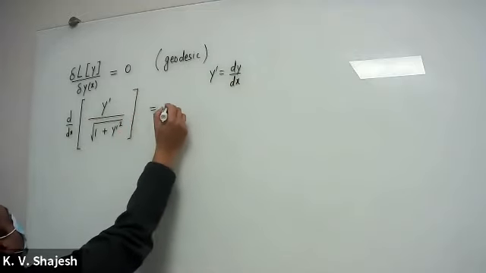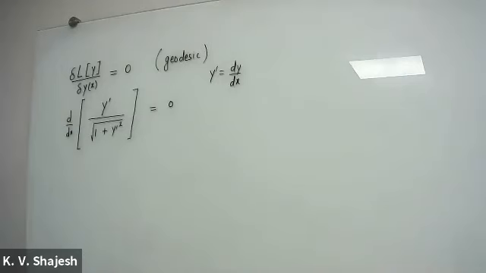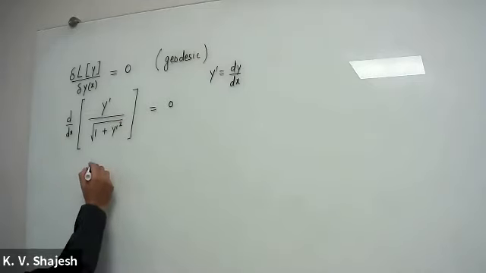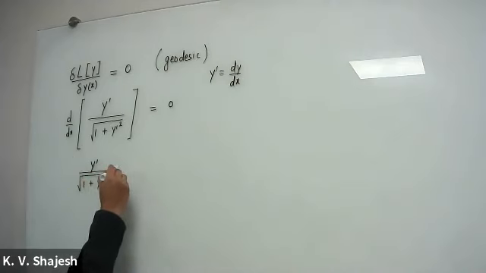That's equal to 0. Derivative of something is 0. That means that quantity must be constant, right, with respect to that parameter of derivative. So I can immediately say that y prime over 1 plus y prime squared has to be a constant.